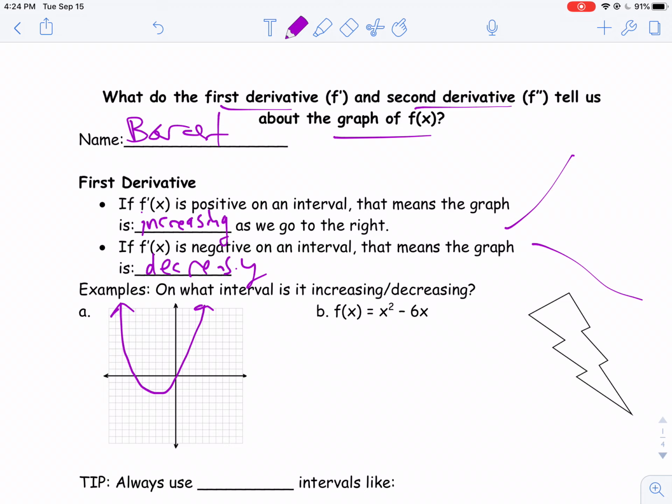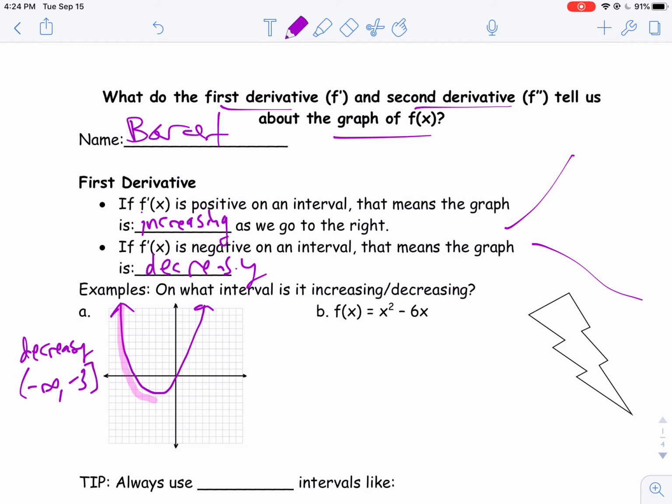What we would do is say where is this graph increasing and where is it decreasing? So where is it decreasing? We see a negative slope up to this point here, which looks like roughly at -3. So I would say in this case, we are decreasing on the interval from -infinity to -3.